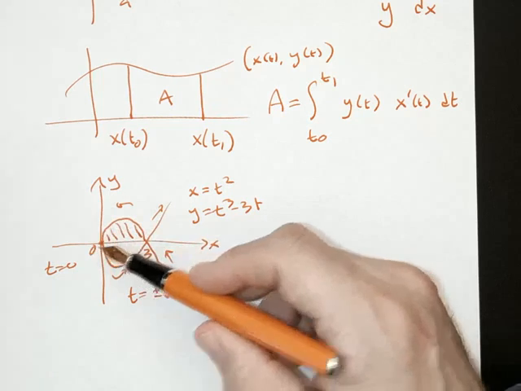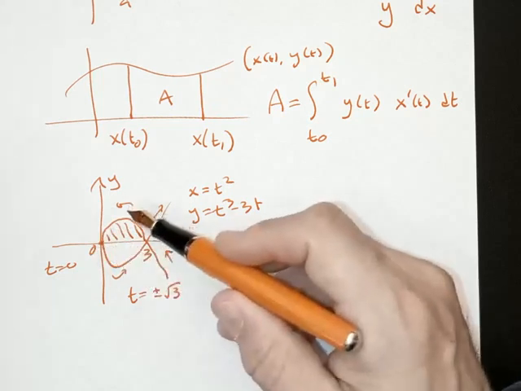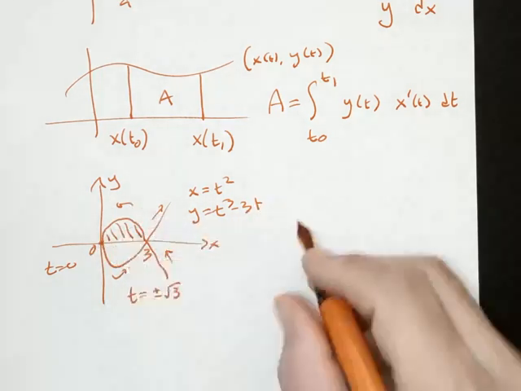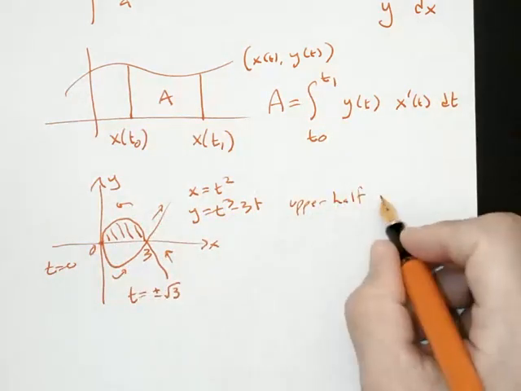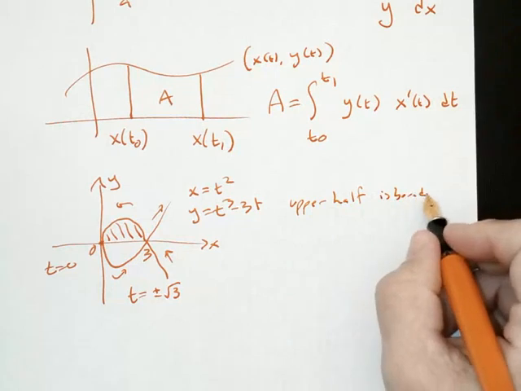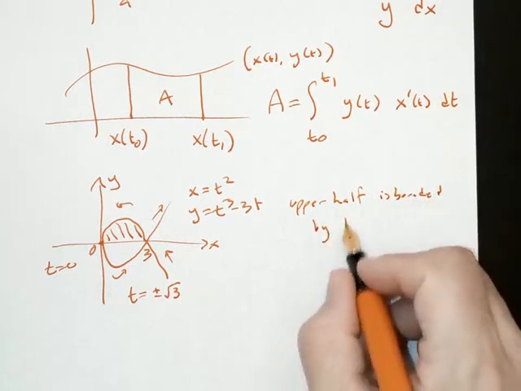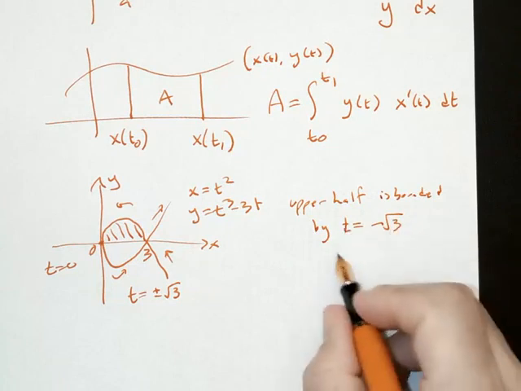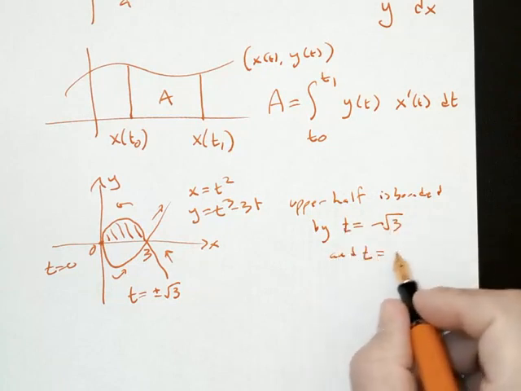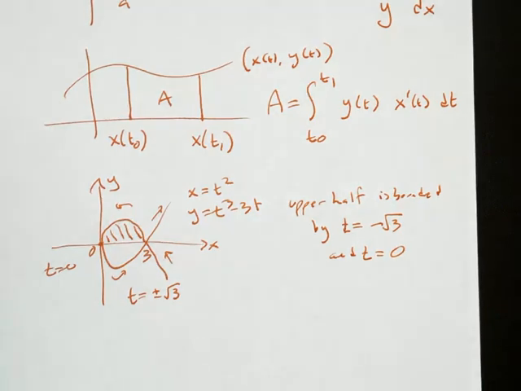And then we hit 0. Remember the orientation of our curve. The upper half is bounded from negative root 3 to 0. So if I want to do this integral, those are my limits. You looked like you were going to ask me something, Maddie.